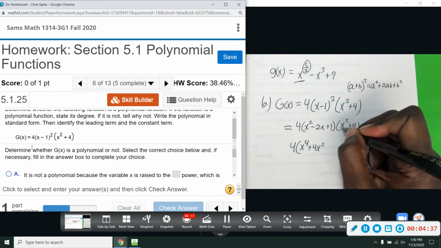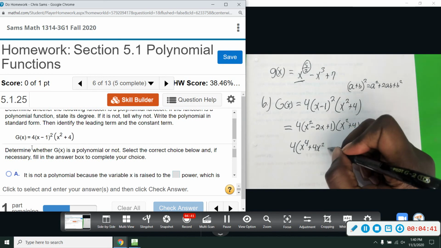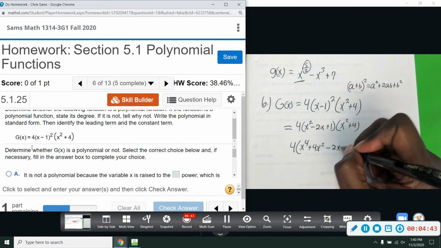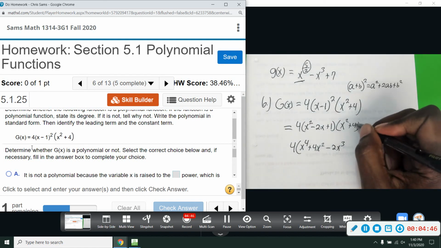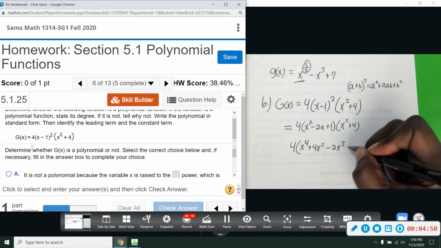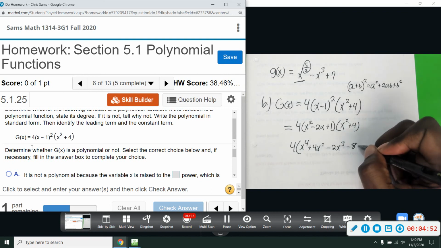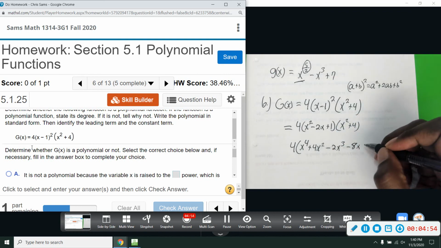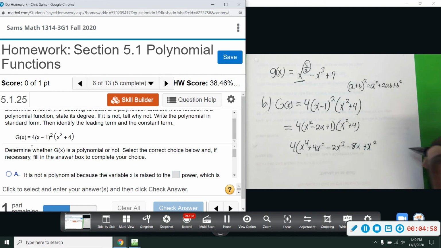Negative 2x and x squared will give us negative 2x cubed, and then negative 2x and 4 will give us minus 8x. 1 and x squared will give us x squared, positive. And then 1 and 4 will give us a positive 4.